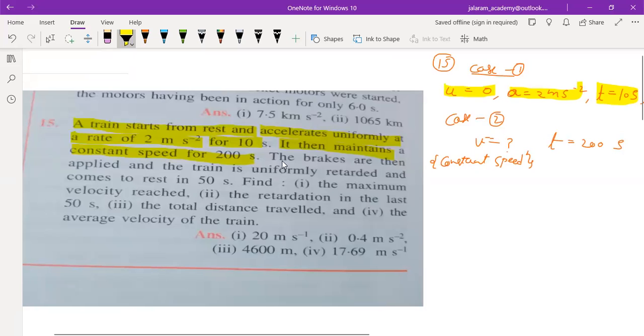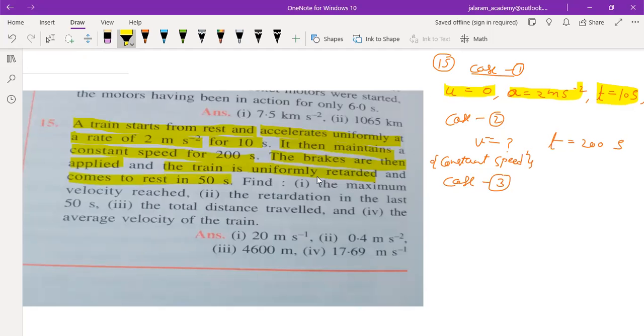Then there is one more case. The brakes are then applied. So this is case number 3. When brakes are applied, it is retarded uniformly. It is given in the question that the train is uniformly retarded and comes to rest in 50 seconds.